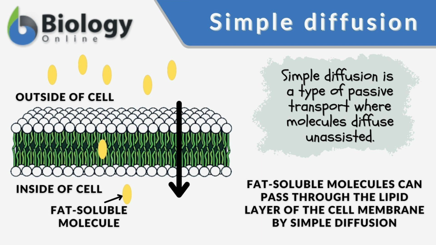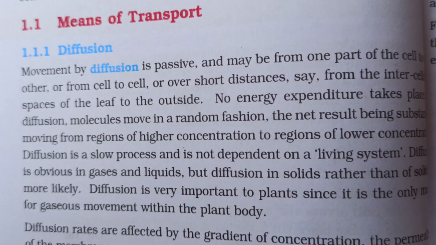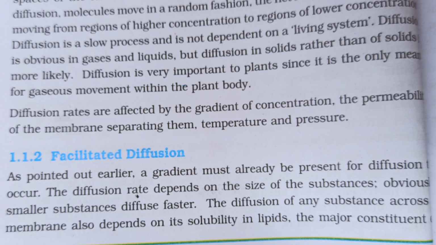Substances move from a region of higher concentration to a region of lower concentration. In plants, diffusion rates are affected by the gradient of concentration, the permeability of the membrane separating them, temperature and pressure.